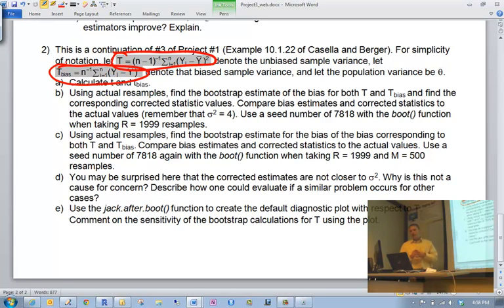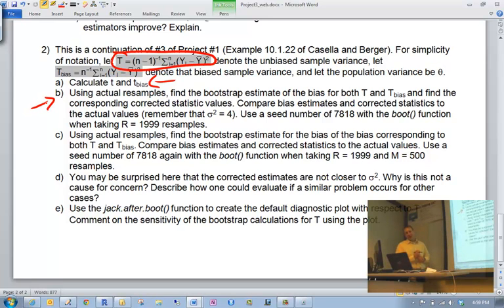We're going to use the same data that we used in project number 1, which corresponds to example 10.1.22 of the book. And just to make sure you get the right answer, we're working with the right data, calculate T and T bias. One of the easiest problems of the whole semester.